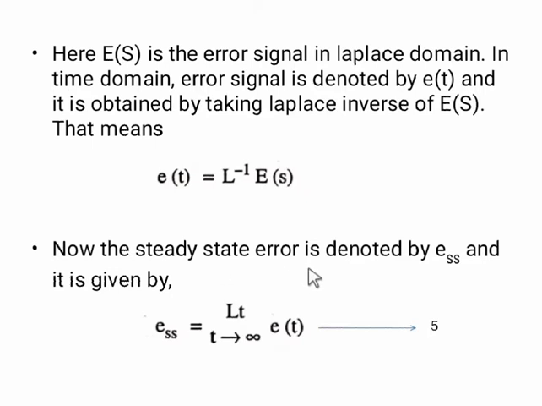So the error signal at steady state conditions e_ss is given by the limit as t tends to infinity of e(t), because at t equal to infinity the system becomes stable. So steady state error is the limit of the error signal e(t) in the time domain as t tends to infinity. If we solve this equation, it gives the solution of the steady state error.